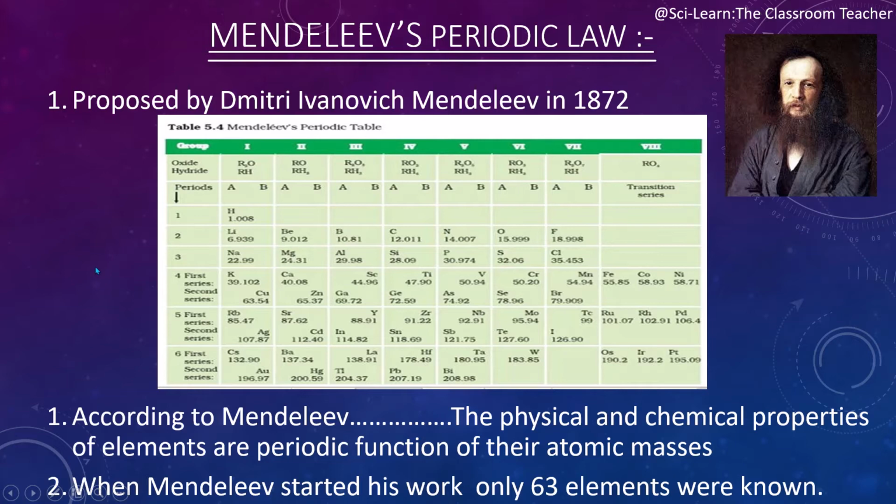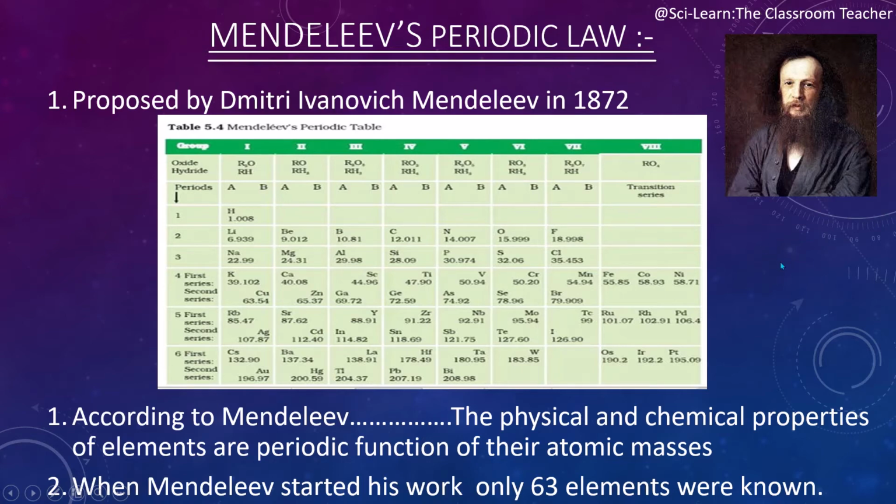This table is totally based on atomic mass. Students, you must remember that at the time of Mendeleev, only 63 elements were known. So he was trying to keep 63 elements in a proper manner. Mendeleev's periodic table is very much related to the modern periodic table also, so his work is remarkable.